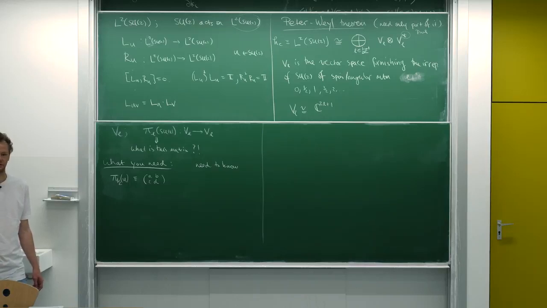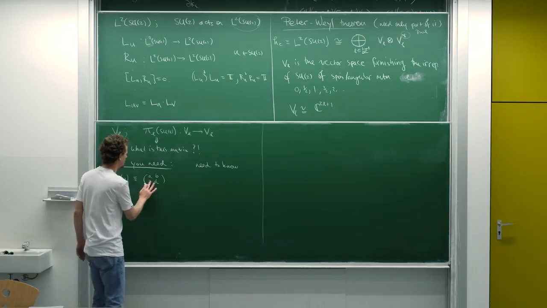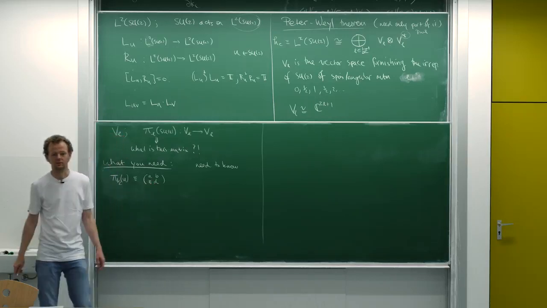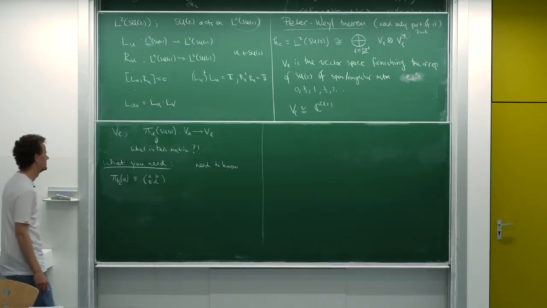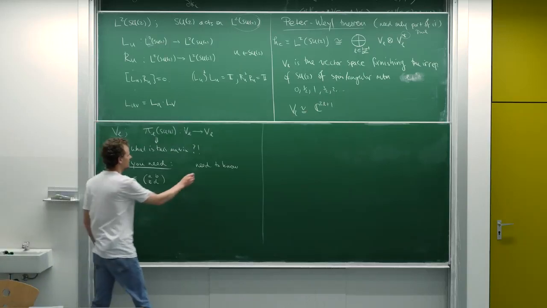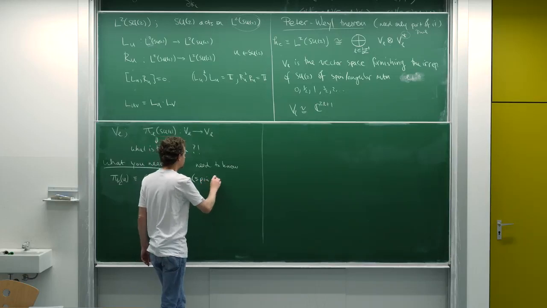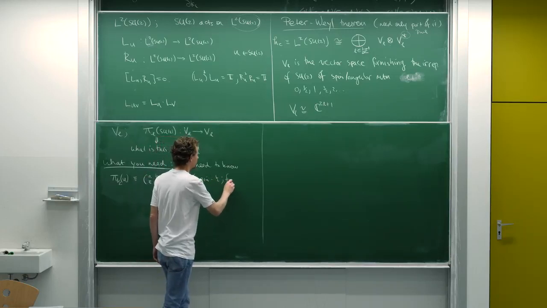The spin 1/2 representation of SU2 is none other than just putting in the four matrix elements of SU2. So you need to know the spin half representation, otherwise known as the fundamental representation.